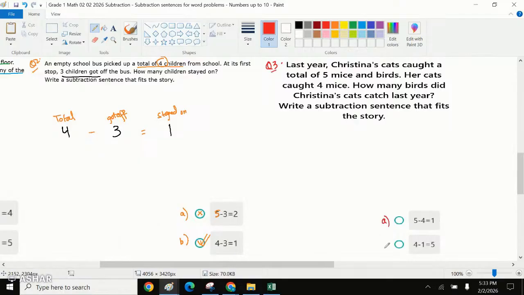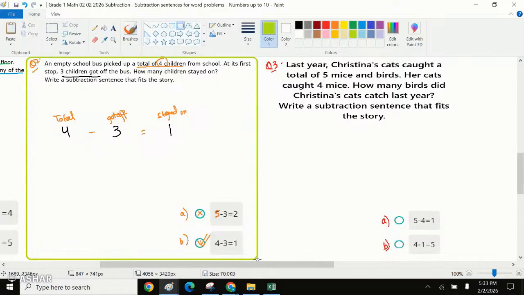And these are the two options which are given to us. So they are saying that Christina's cat caught a total of n number of mice and birds.